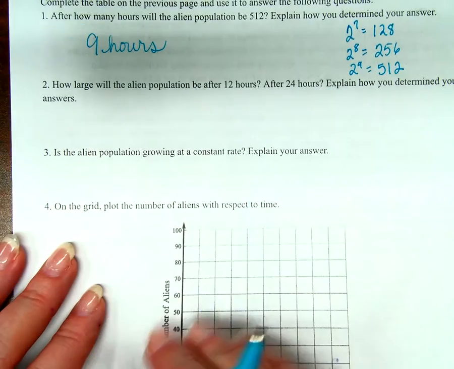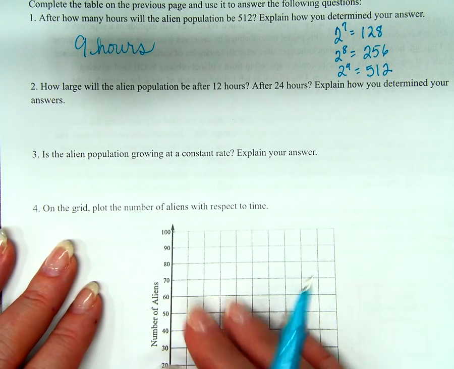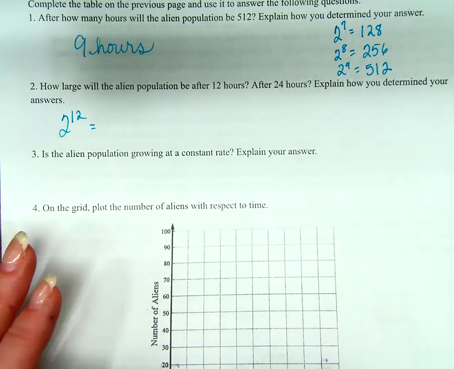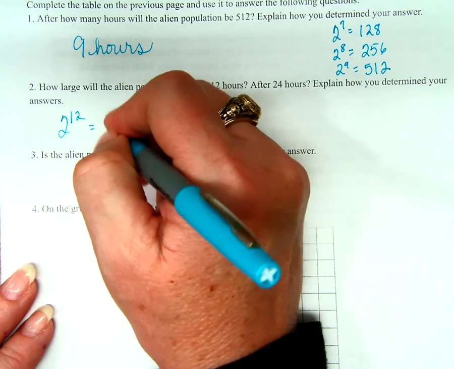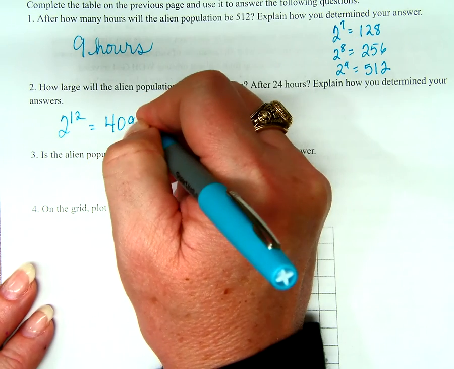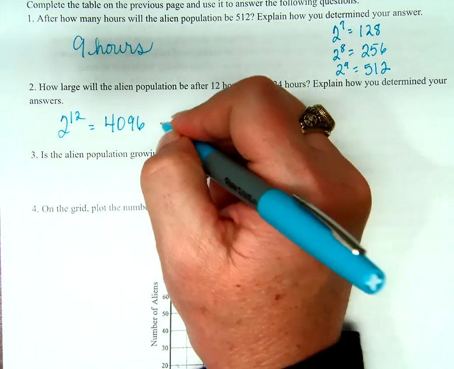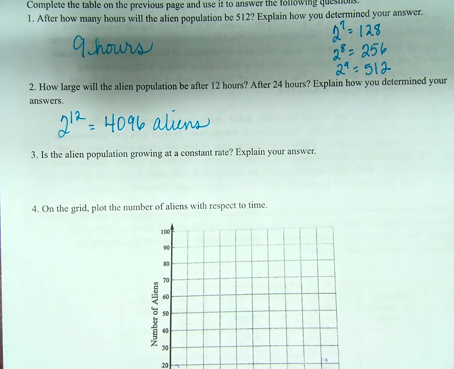Okay. How large will the alien population be after 12 hours? 2 to the 12th. What is 2 to the 12th? 4,096. And what do I want you to write after that? Aliens. Why do I want you to write that? That's what it's asking, right?